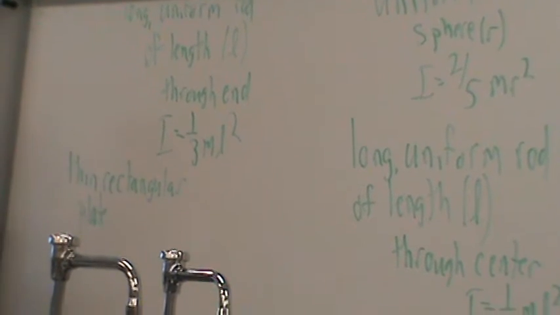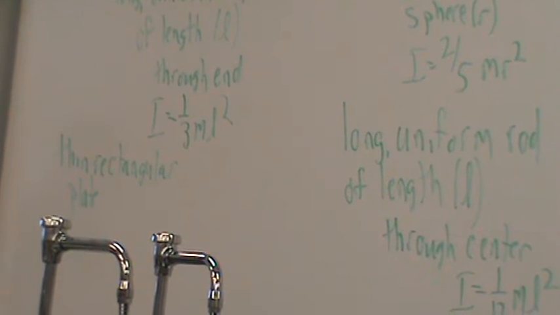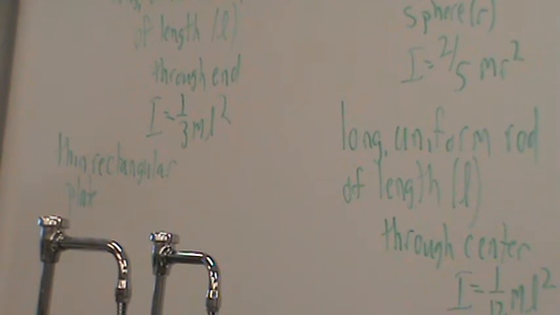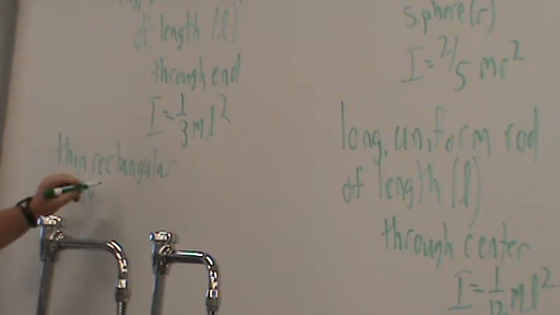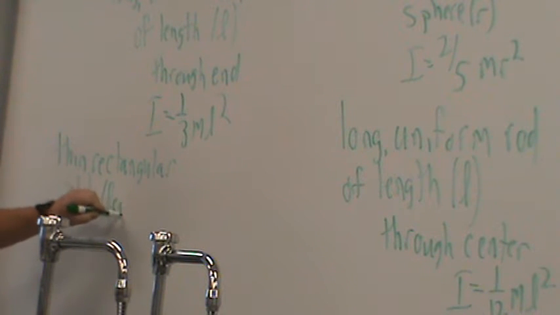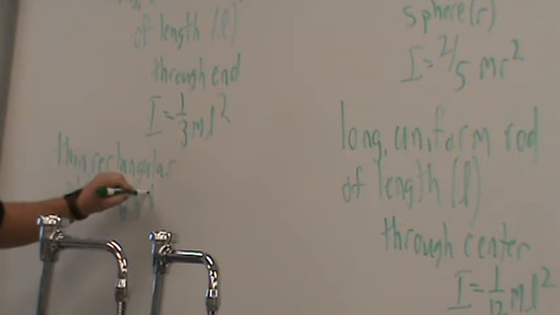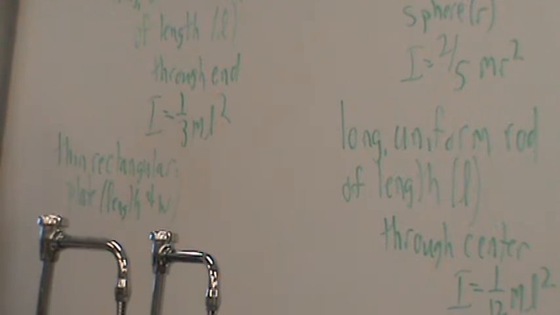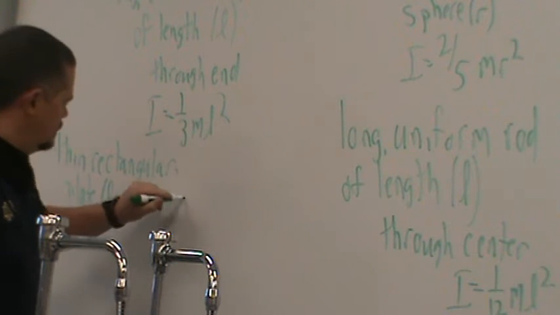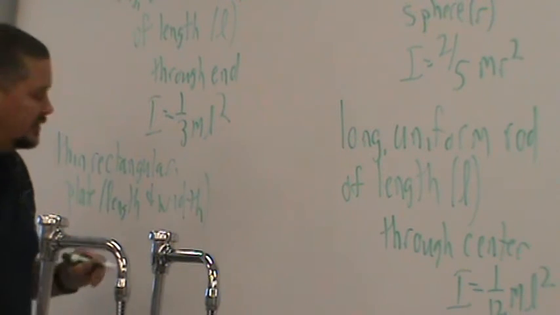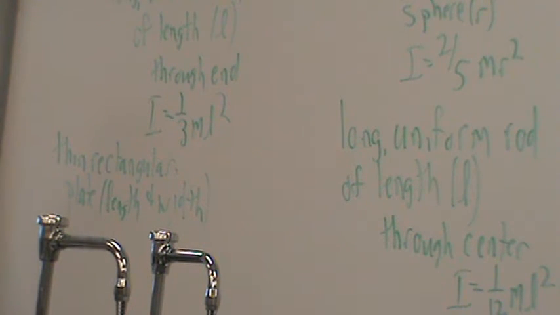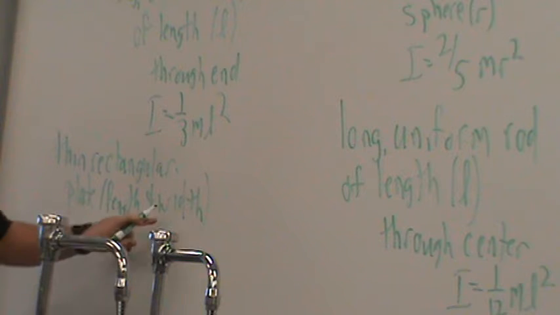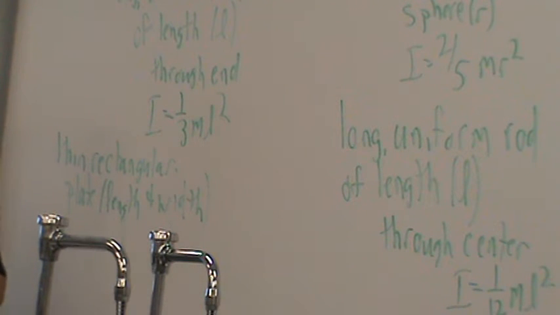Then our last one: a rectangular plate. Since we have a plate, we're going to have length and width, so L for length and W for width.